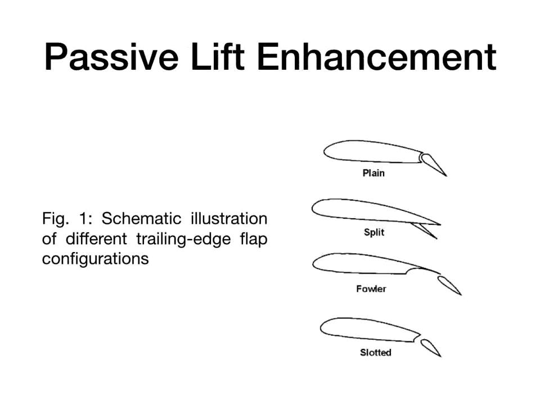Passive lift enhancement. So this is the schematic illustration of different trailing edge flap configurations. The most common types of trailing edge lift enhancement are plain flaps, split flaps, Fowler flaps, and slotted flaps. Slotted flaps include single, double, and triple segments.